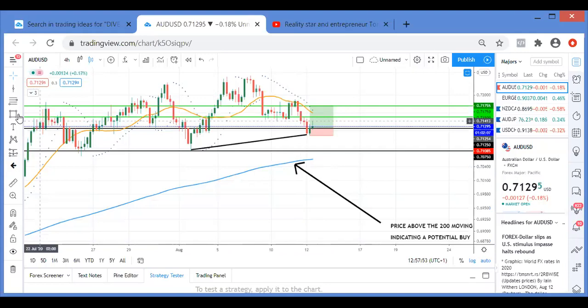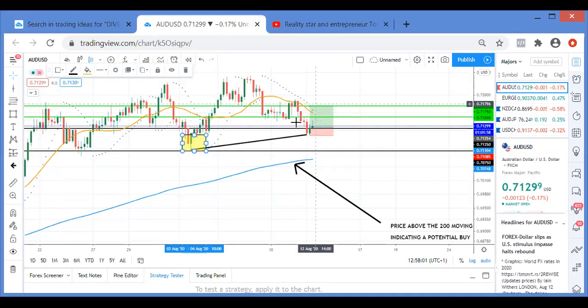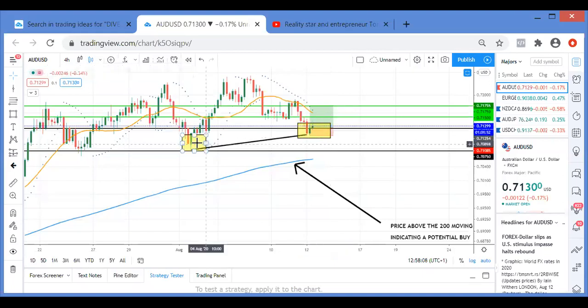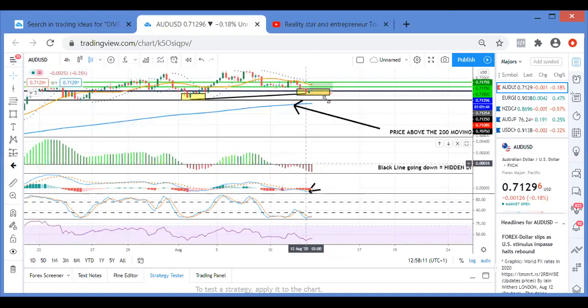You understand? So I don't want this low to go below this low here. Now what I'm looking for, I want to see on the MACD that this low is lower than the previous low.